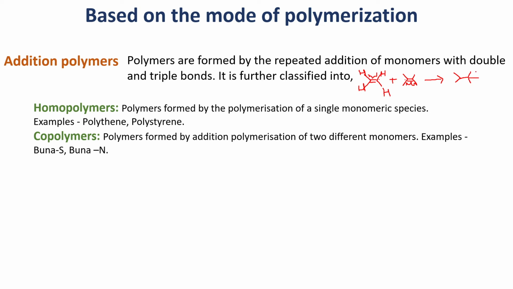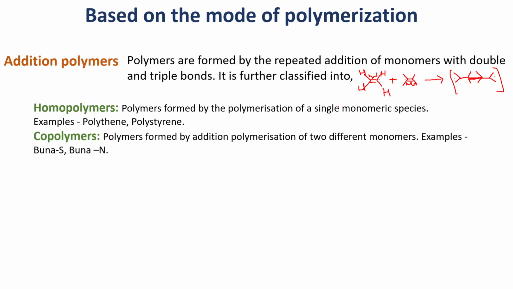This middle one is the new bond generated. The two radicals are free at the corners and the middle bond is formed. That's how, if more molecules of ethene are present, they will couple in a similar fashion.